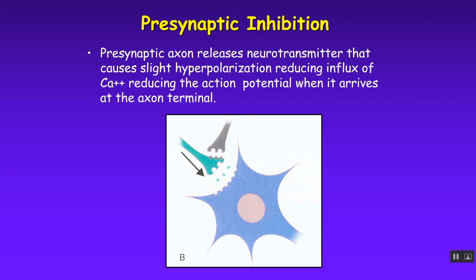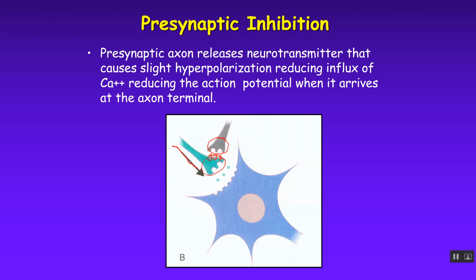Presynaptic inhibition is the opposite. Okay? So in this case, same kind of setup here. Here's an axo-axonic synapse. It has a neurotransmitter that binds here, but instead of causing calcium to come in and depolarize, it may actually cause something like chloride to come in and make that slightly more negative down here at the terminal bouton or the axon terminal.